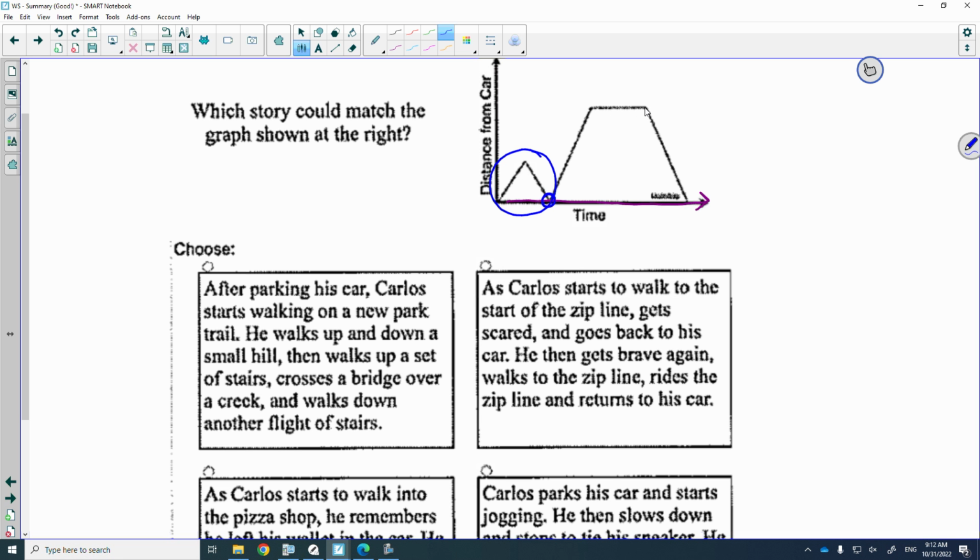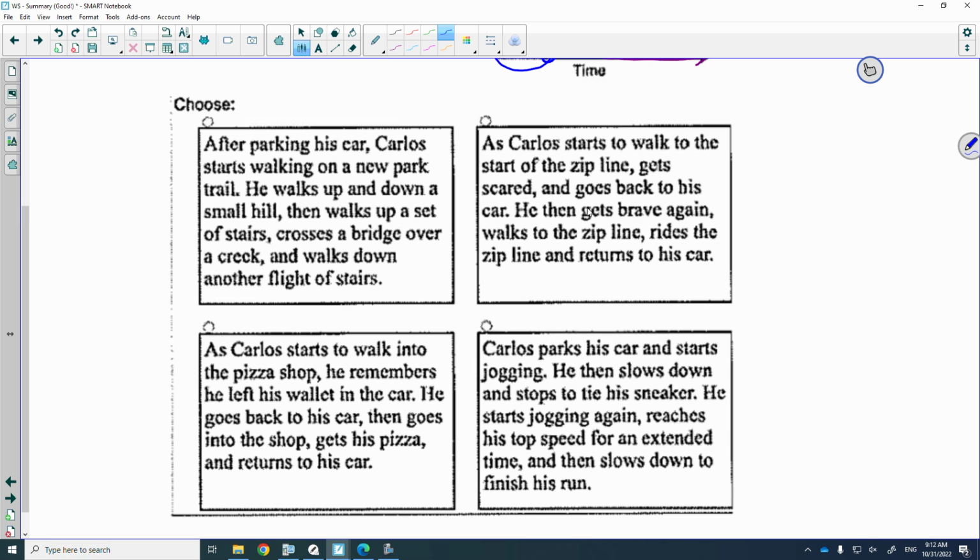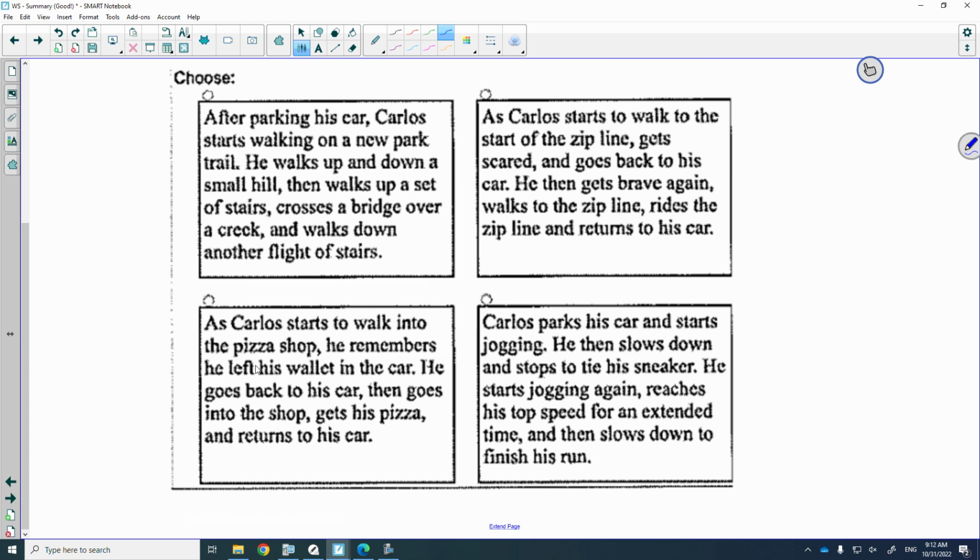And then somebody raise your hand, what's happening here? Yeah, he's going back to his car. So which one do you think? Okay, Gabby, what would you say? So is that this one, the pizza one? Who agrees with her for that one? Anybody think it would be something different? Is that the one you were going to say?